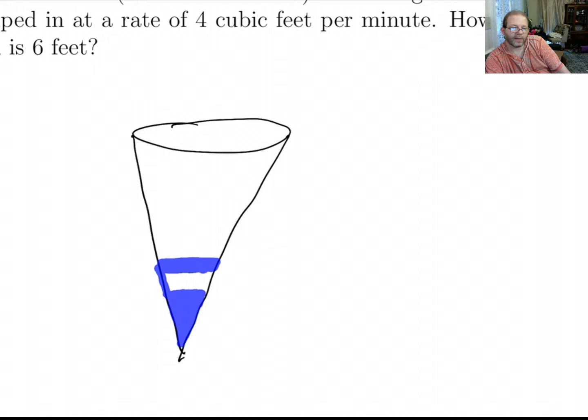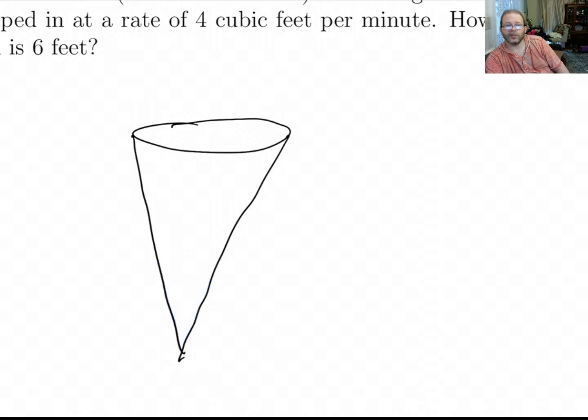But because the tank is wider up there than it was at the bottom, during that second minute, the water level is not going to rise as much as it did during the first minute. And just in general, over time, the water level is going to rise more slowly until you get to the top.